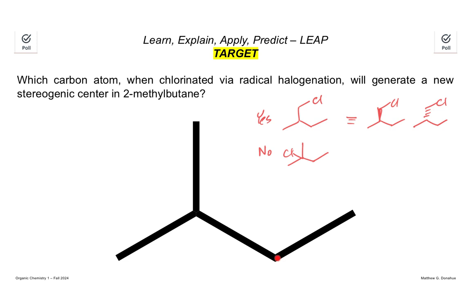What about substituting at the secondary? So that would be yes, because then you would get Cl, H, methyl, and then isopropyl.